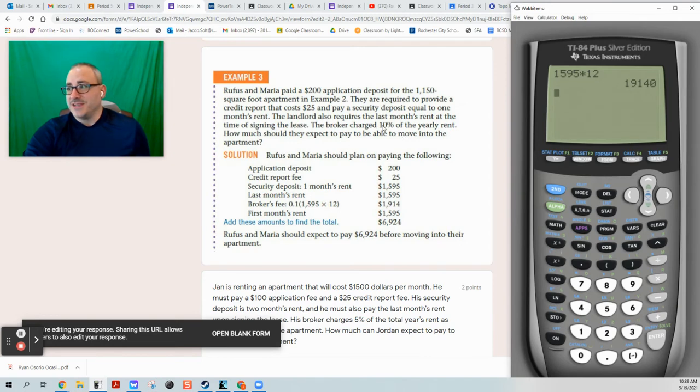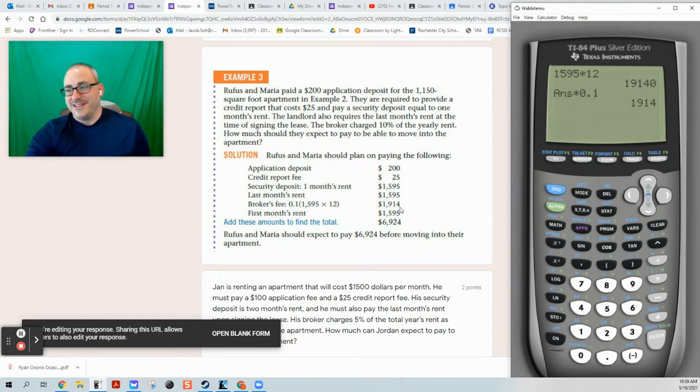The broker wants 10% of this. So we multiply by 10% expressed as a decimal, so we move the decimal place of the 10% over 2 places. It becomes 0.1. That becomes $1,914, the broker's fee. Then you also have to pay first month's rent.